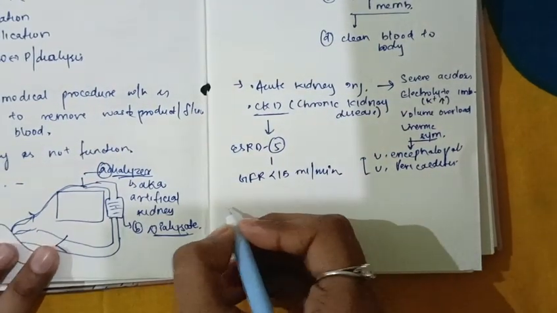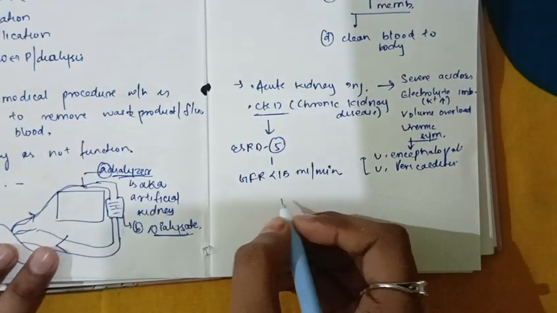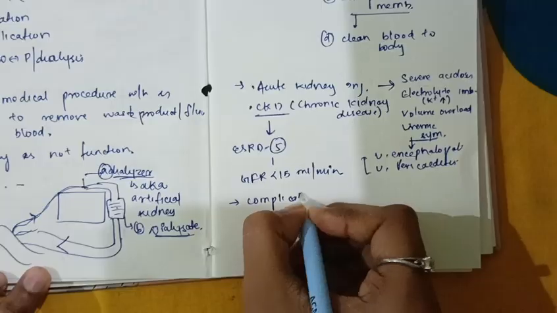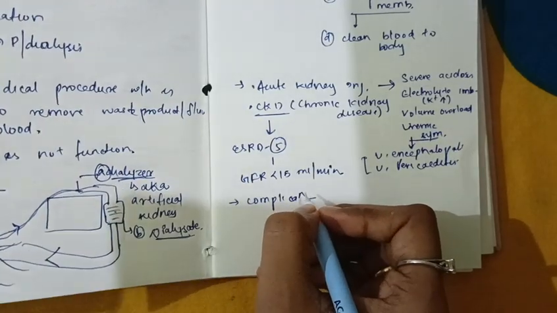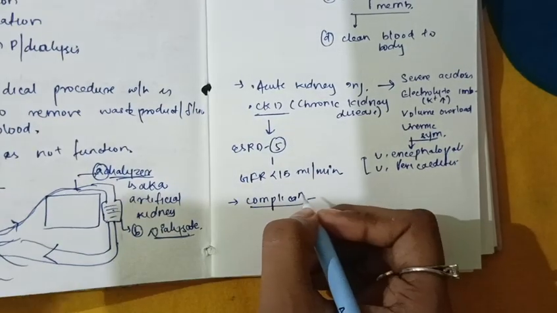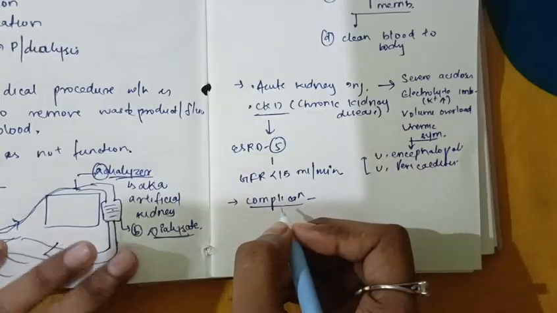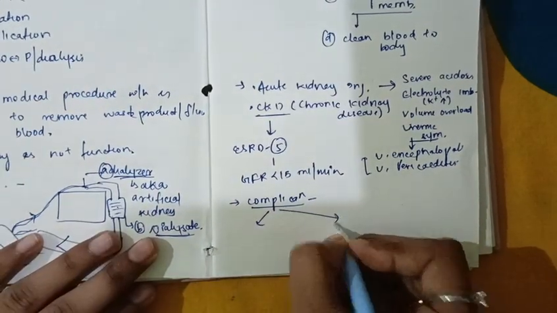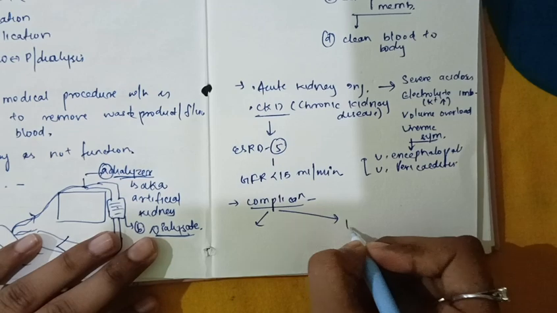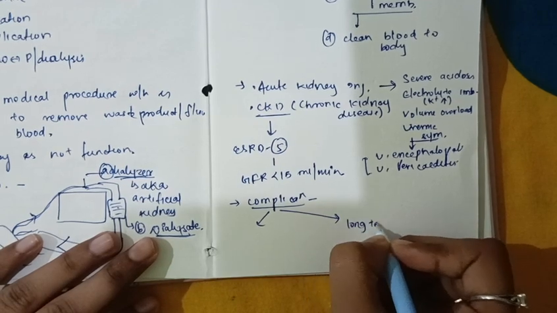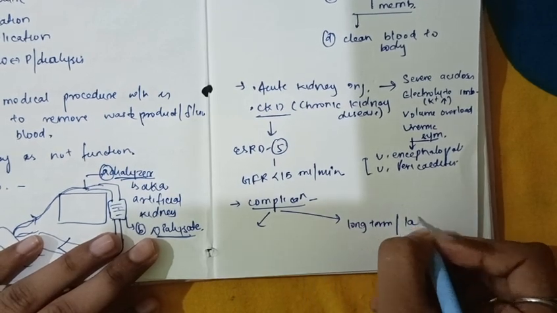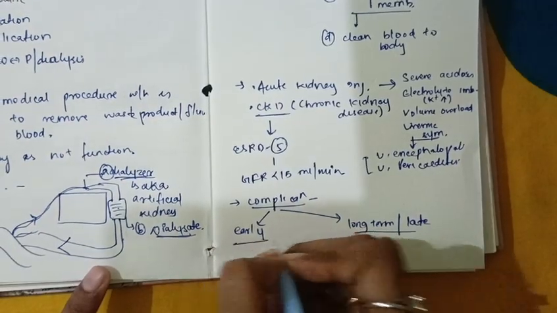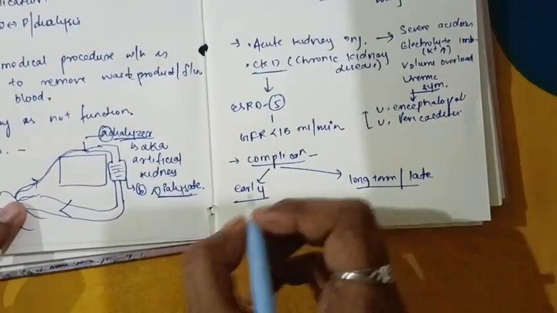Now the next topic is complications. For the complications of hemodialysis, we have to make two classifications: one is early complications, and one is long-term or late complications. What are the early complications?